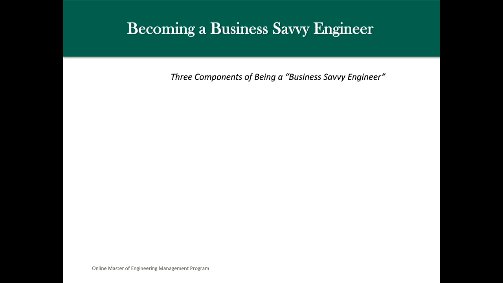The first component is to understand the concepts and tools of business management. You may have heard about different things, maybe you have some involvement and so forth in that, but I found that a lot of these concepts were hiding in plain sight, and I didn't really realize that they were operating until I found out what they were.